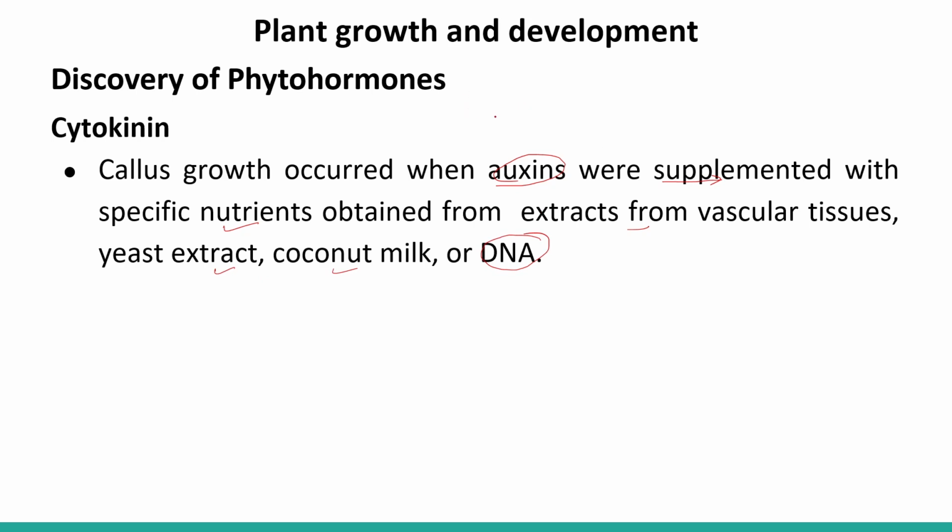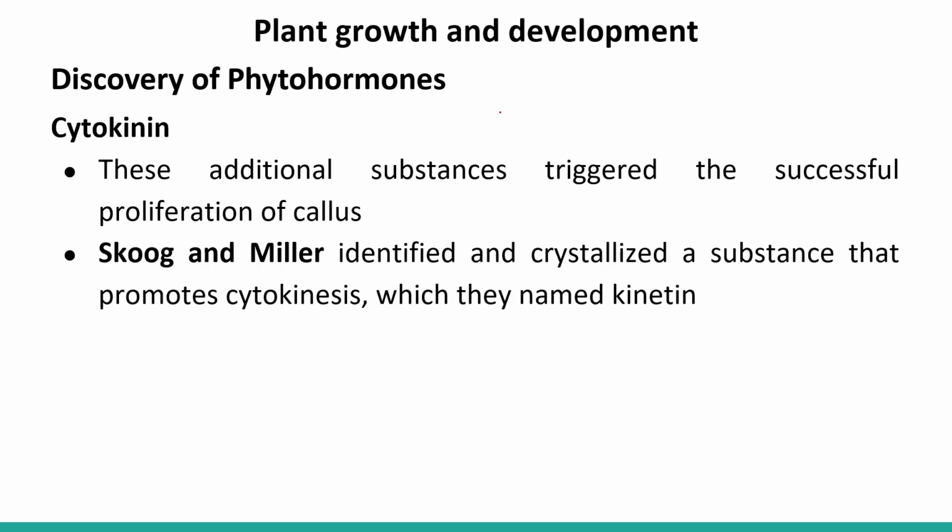Alright, so for callus formation, in addition to auxins, extract from these substances was also required. These additional substances triggered the successful proliferation of the callus, and later Skoog and Miller identified and crystallized this substance, which promotes cytokinesis, meaning cell division, and they named that as kinetin, which is a cytokinin.